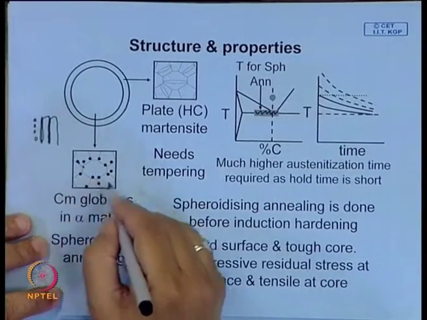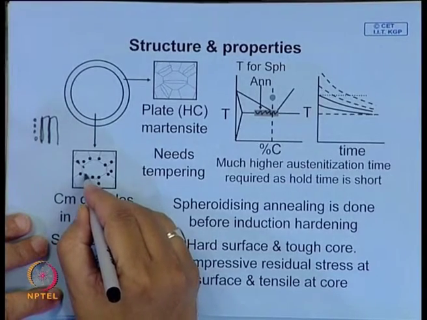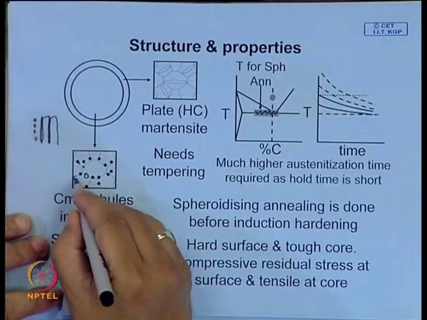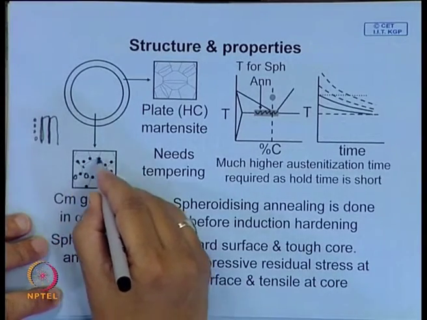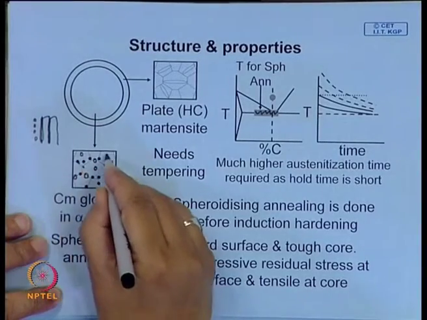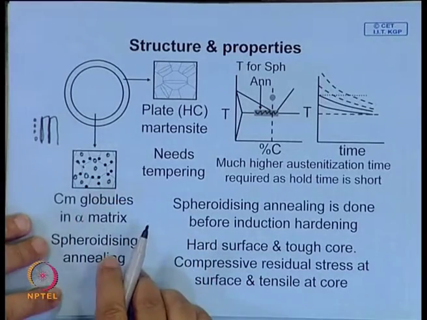In the microstructure, if these particles are very small, they may look dark, and with a nital etch, usually they will look like globules where only the boundary is etched, and there will be such globules all through. The amount of cementite will depend on the carbon content.